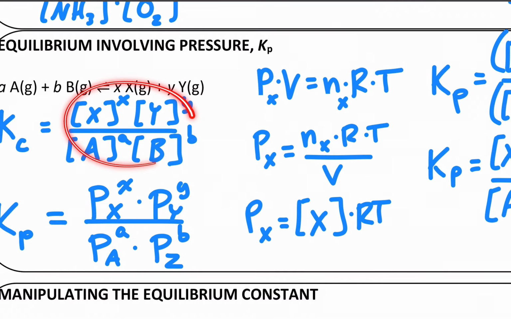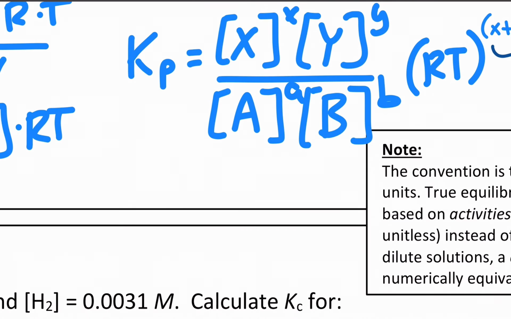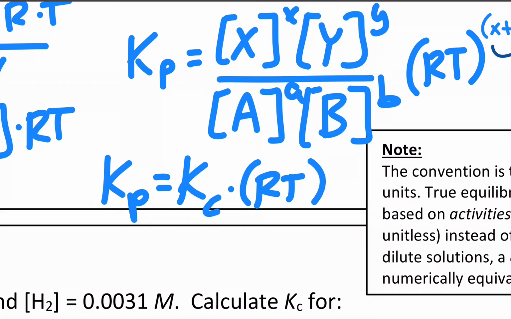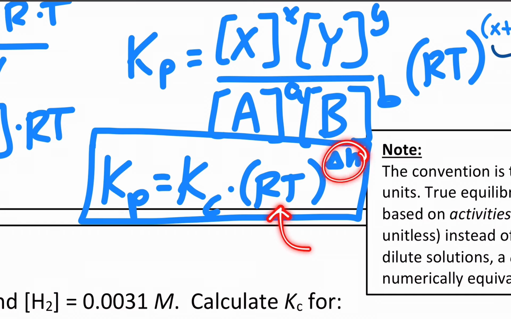That's just Kc. We defined it earlier. So I can reduce this down to Kp is equal to Kc times the quantity RT to the delta N. You might see that expression in your book or on reference tables, but that's where it comes from. The pressure equilibrium constant is equal to the concentration equilibrium constant times RT to the delta N.